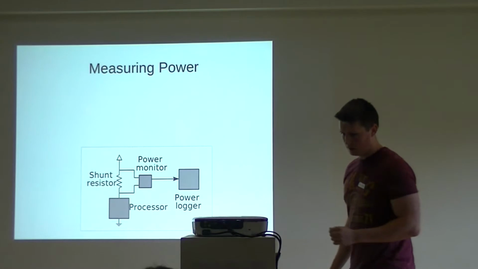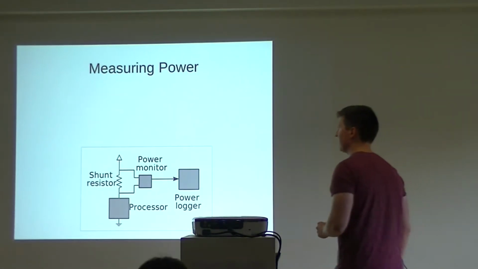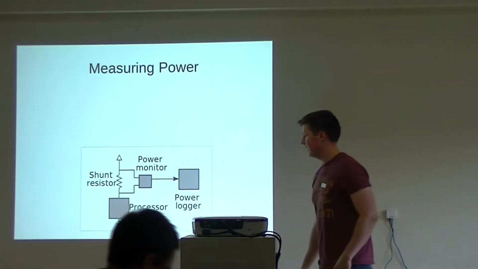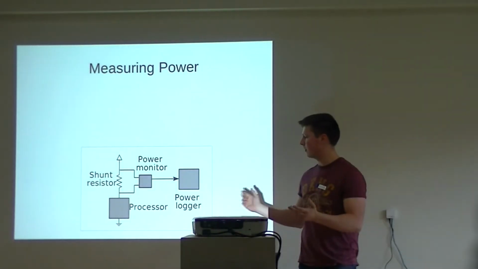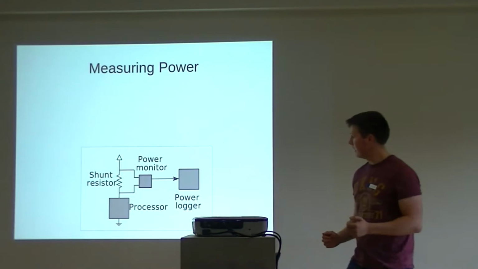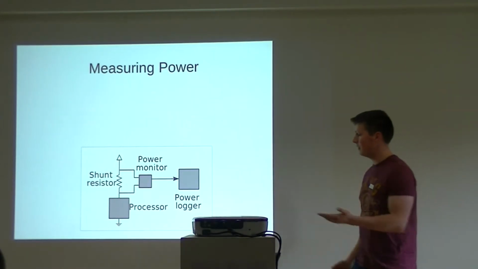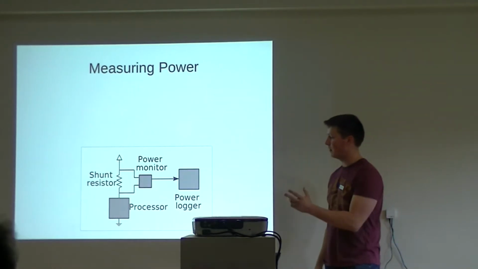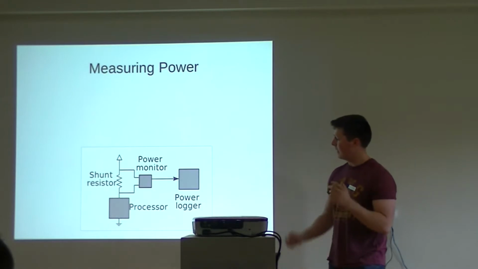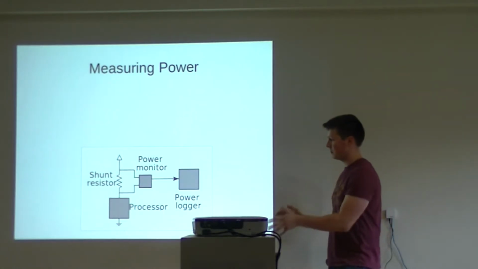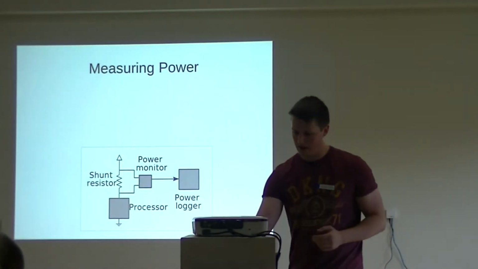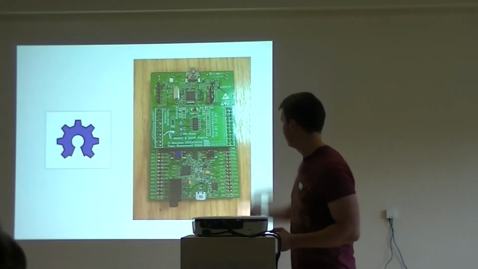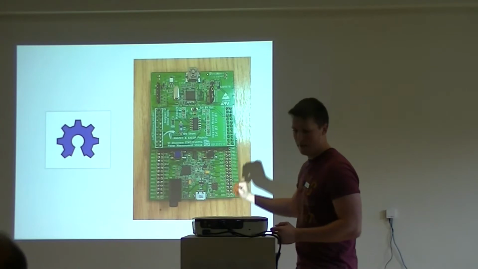So the way we measure power is we put a very, very small shunt resistor in line with what we're trying to measure. So if we're measuring a processor, we put this shunt resistor in line with the processor, between the power supply and the processor. And then we've got a power monitor, which is our block, as you saw in the previous slide. This power monitor is the PCB sitting on top here.